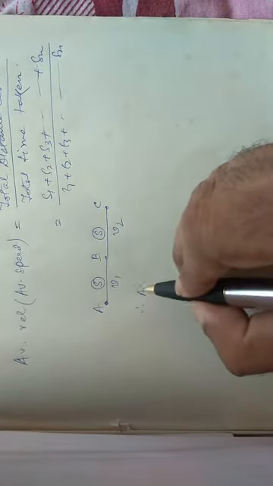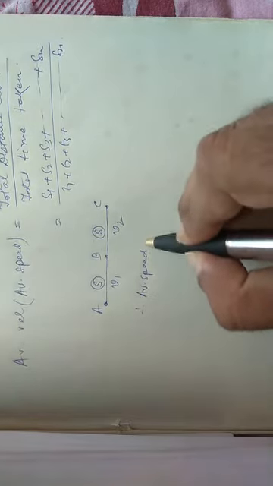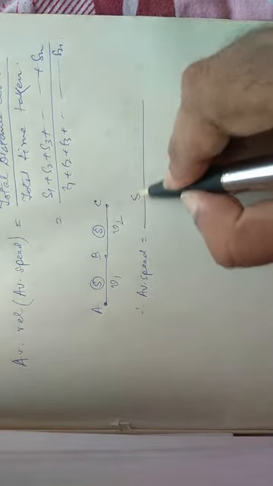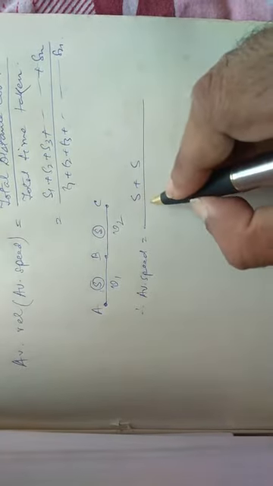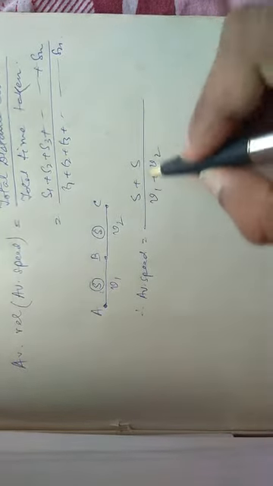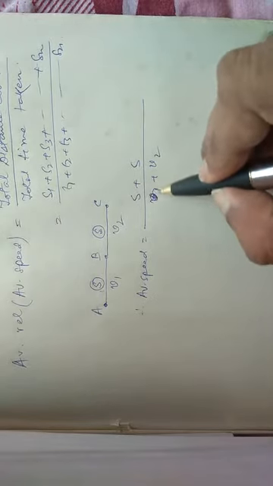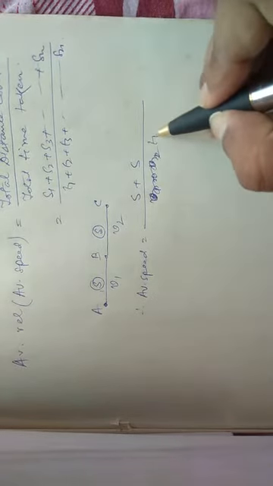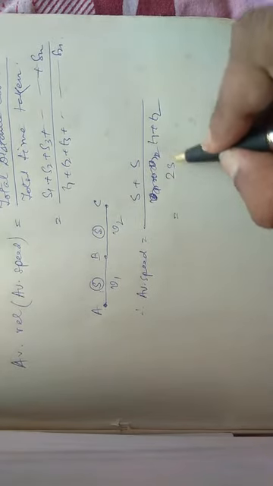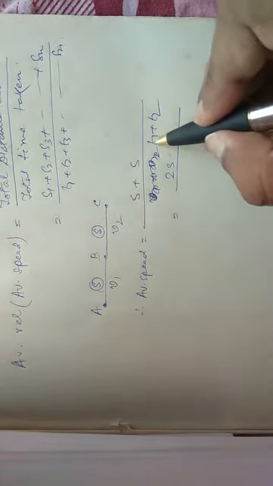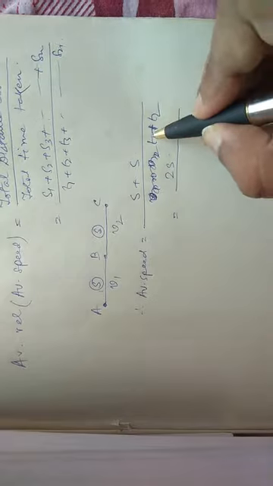Now the average speed or average velocity, as we write it, becomes s plus s. Total distance covered is s plus s, and total time t1 plus t2. So numerator becomes 2s and the denominator t1 plus t2.